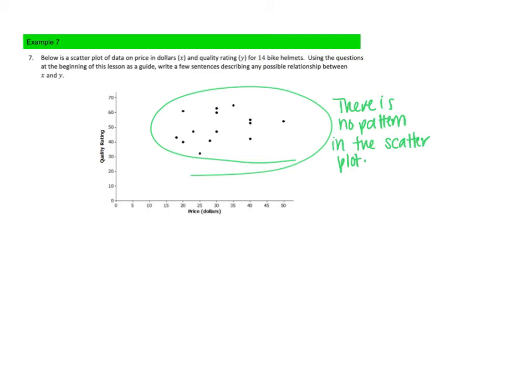I don't see any line being formed. It just kind of looks random. So I'm going to say the price, which is X, does not seem to affect the quality rating, which was our Y. So it doesn't look like there's any relationship between the price of something and the quality rating of something.